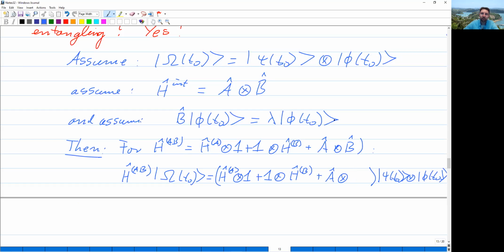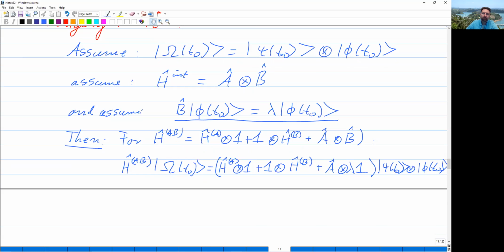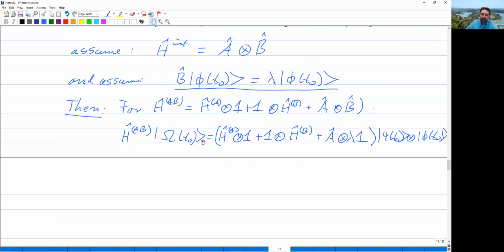But because we have this, we can write here simply lambda times the identity. Right? And what that means is that this operator combines with that operator here.